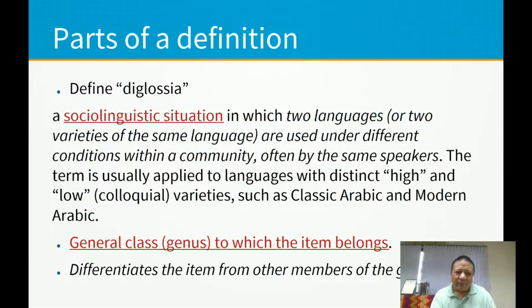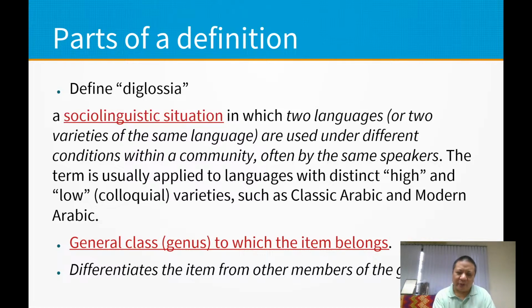Okay, let's try to define the word diglossia. Diglossia: a sociolinguistic situation in which two languages or two varieties of the same language are used under different conditions within a community, often by the same speakers.